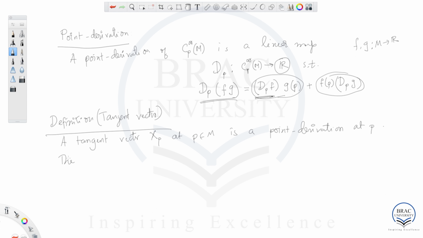If I pick up all the tangent vectors at the point p, I end up forming a vector space, which we denote by T_p M. So the tangent vectors at p in M form a vector space denoted by T_p M.